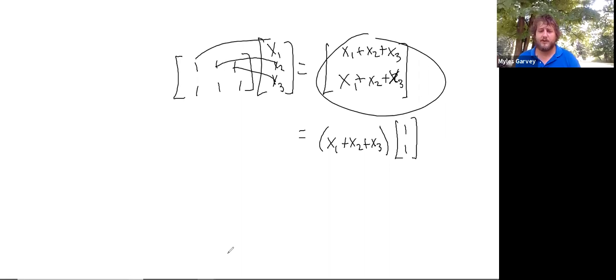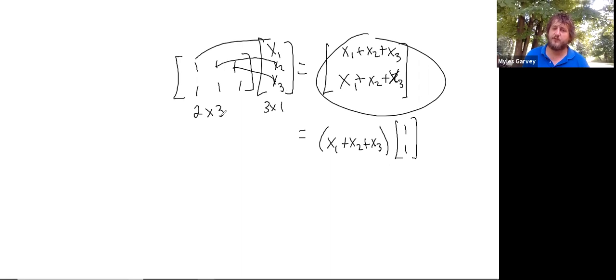Either way, the point is that we can view matrices as functions which convert vectors. Notice this is a 2 by 3 and this is a 3 by 1.